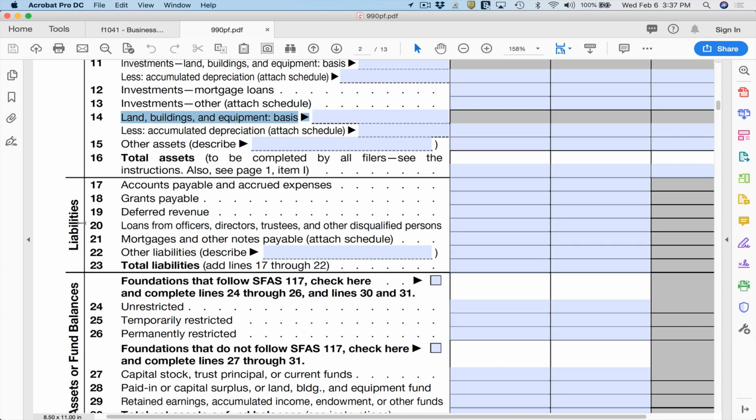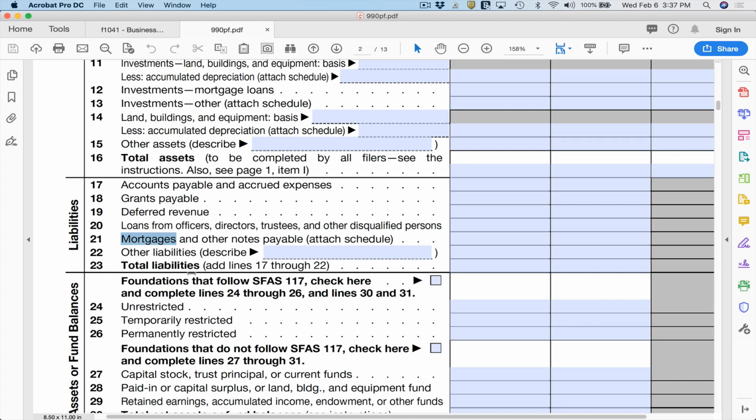You can also have liabilities. You can take out a loan from other directors or trustees or other disqualified people. You can take out a loan for mortgages and other notes. So if you own property and you have a mortgage associated with the property, if you grant or gift that property to the foundation, now it's tax exempt. Think about this.